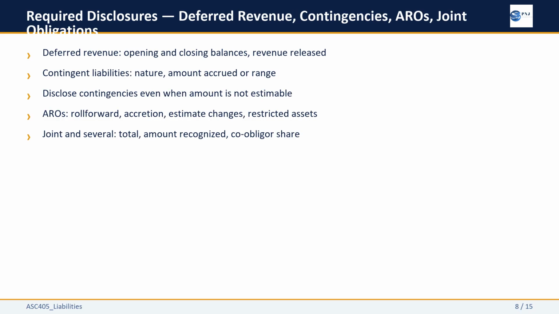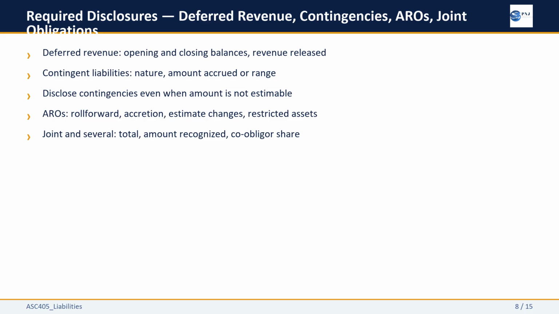Four more liability categories require specific footnote treatment. For deferred revenue, you show the opening balance, the closing balance, how much revenue came from the opening balance, and when you expect to recognize what remains. For contingent liabilities, you disclose the nature and the amount accrued, or the range if you have not accrued. And here is the part most people miss.